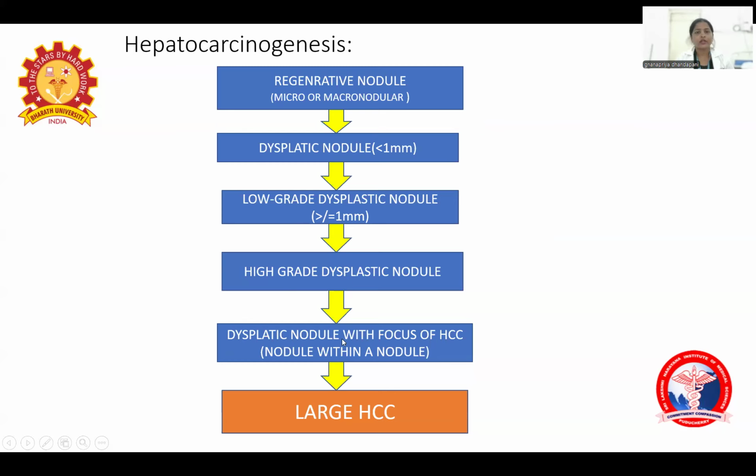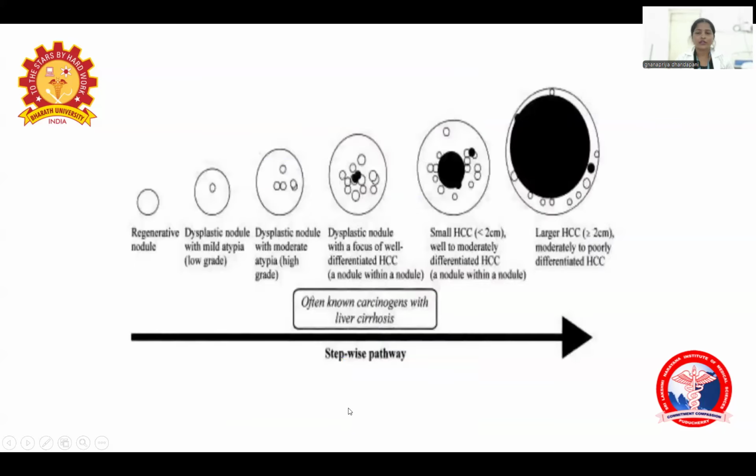Within the dysplastic nodule, there occurs a focus of HCC. Then it is called a dysplastic nodule with focus of HCC, also known as a nodule-within-nodule appearance. Then this nodule will turn into a larger HCC.